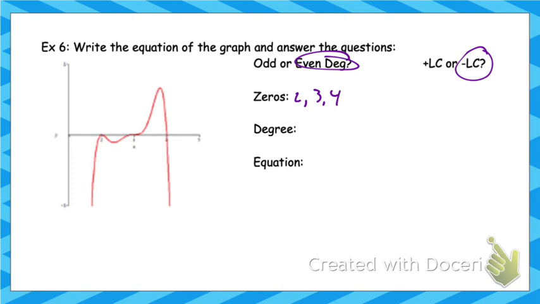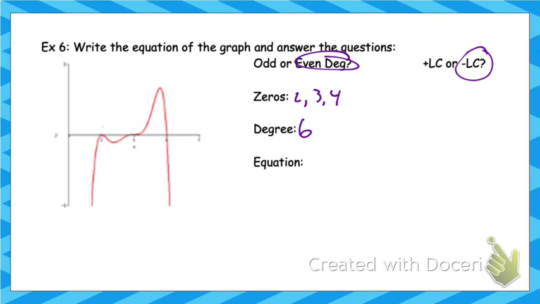And then I can also find the total degree of this function, okay, because it bounces at 2. Because it bounces, that's going to have a multiplicity of 2. Because it wiggles, that's a multiplicity of 3. And because it crosses, that's a multiplicity of 1. If I add those all up, I get a degree of 6, which is an even number.